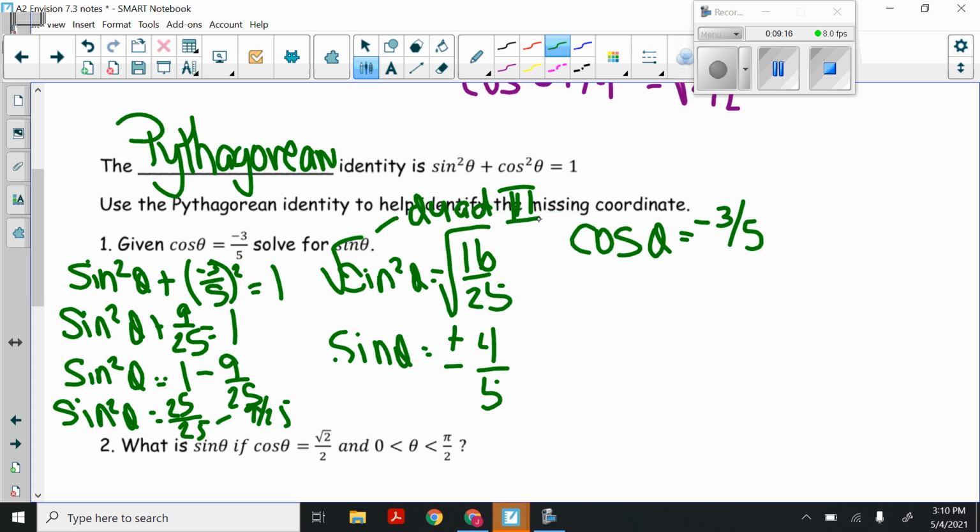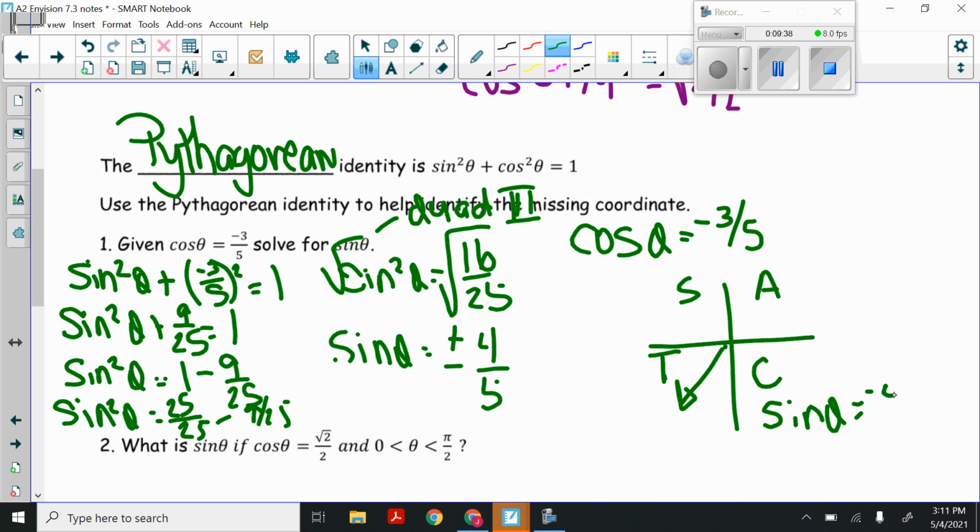So if the cosine of theta is negative 3/5 and I'm in quadrant 3, I'm down here somewhere. A smart trig class, so T, tangent, and cotangent are the only ones that are positive in quadrant 3. So I'm looking at the negative answers. So the sine of theta is negative 4/5. There's our answer.